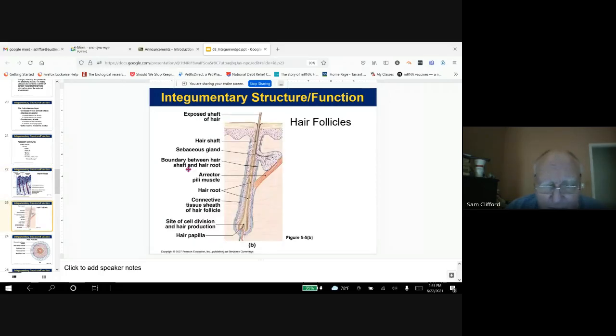If you look at the structure of a hair follicle, it's attached to an erector pili muscle. There's a sebaceous gland. So you should know these structures. The papilla, where blood vessels come into the base of the hair follicle.